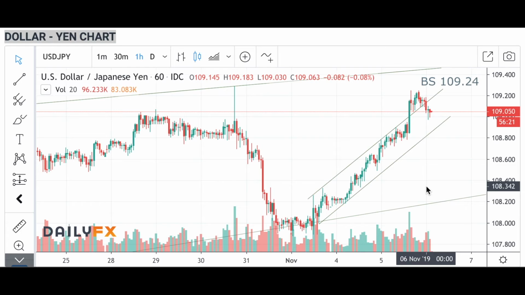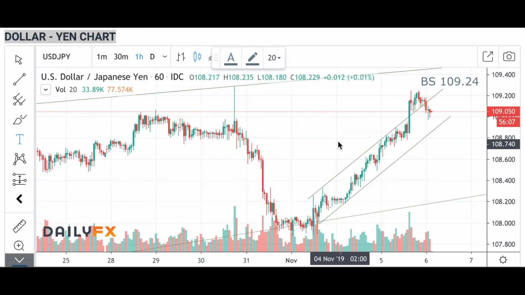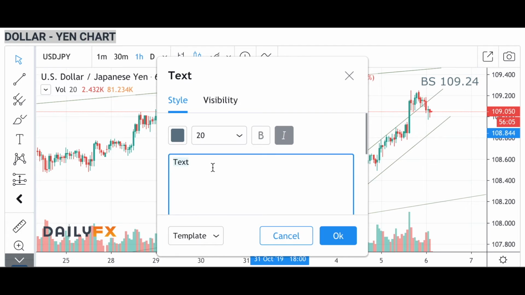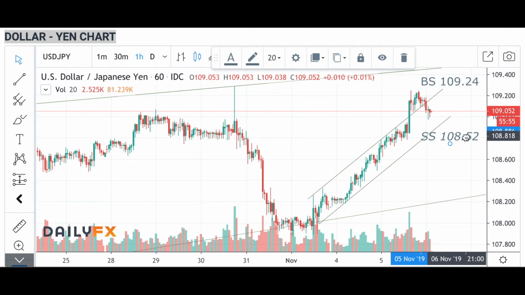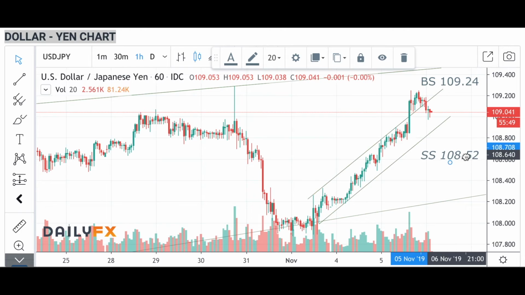1.0852, yes, 1.0852 is basically somewhere around here. So sell stop here. Let's see it. Sell stop 108.52, and going down here, it's around here, 1.0852.